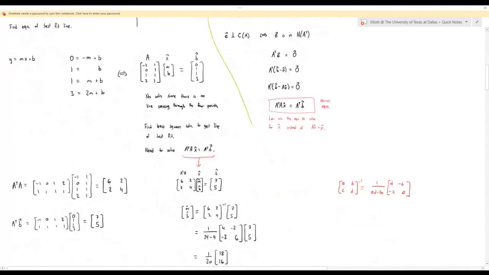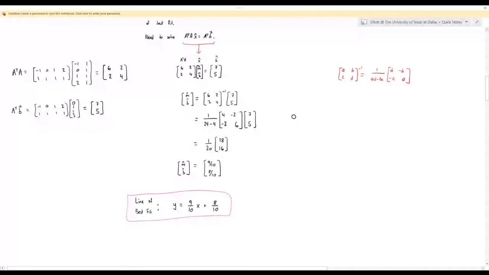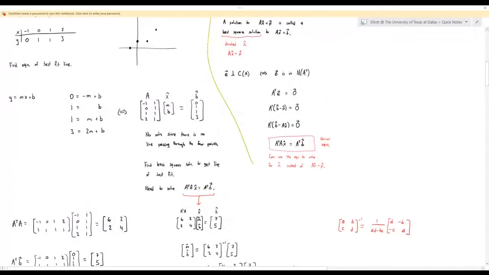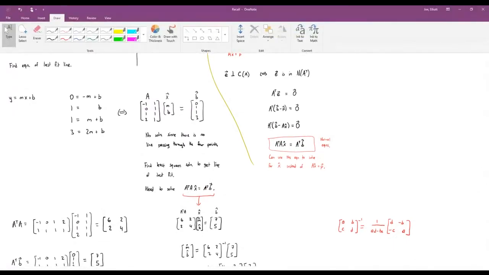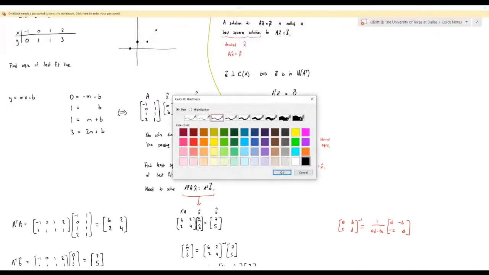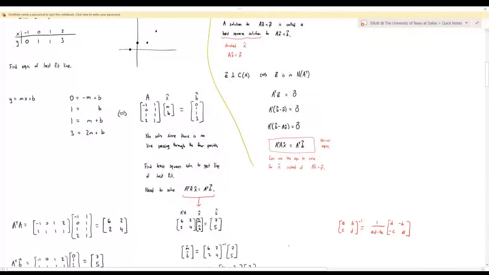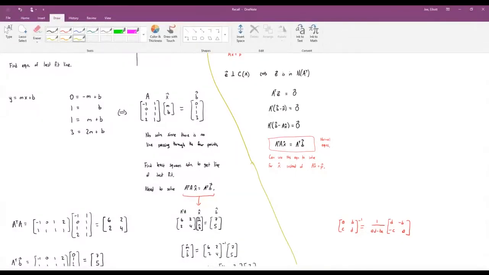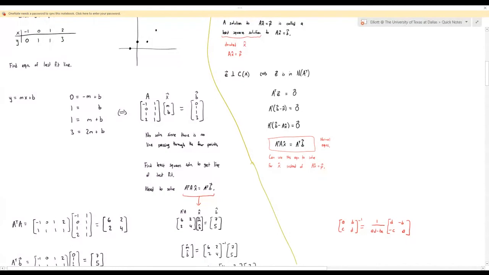But here, the best fit line that we're calculating is the one we get by doing this process of getting the least square solution. I can talk about why we call it least square solution, because that ties into your question of in what sense it is the line that's best fitting our points.